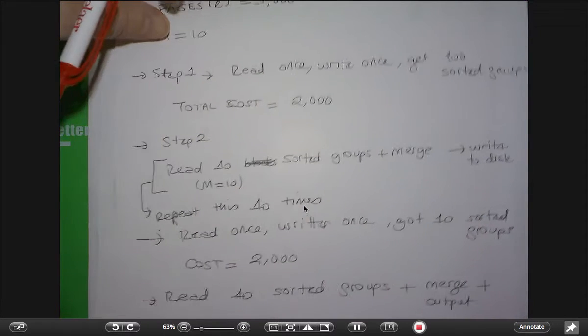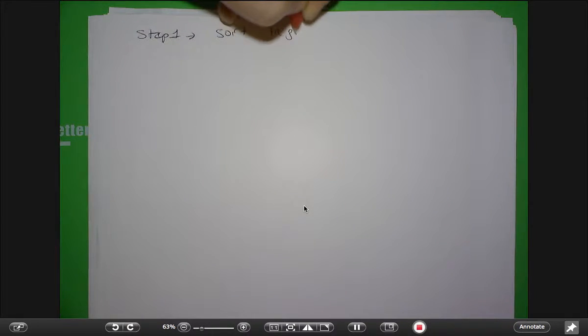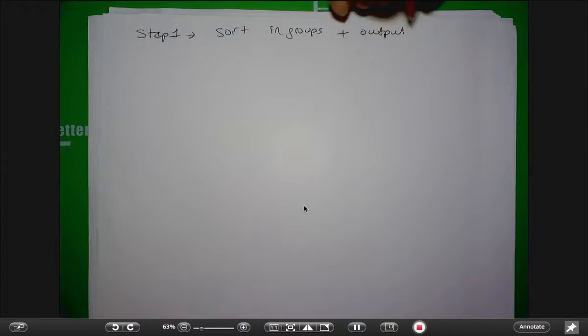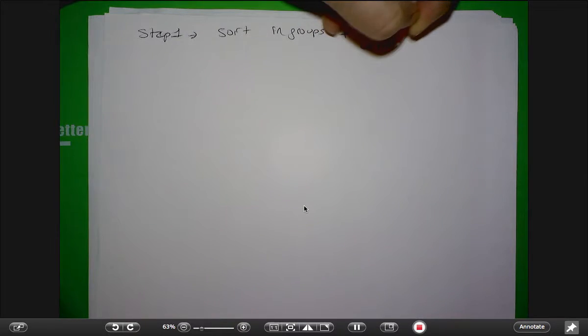So, all right, you will have to learn how to do this processing and have a mental model of what's happening at each step, right? So basically step 1 is sort in groups, and output, write to disk.